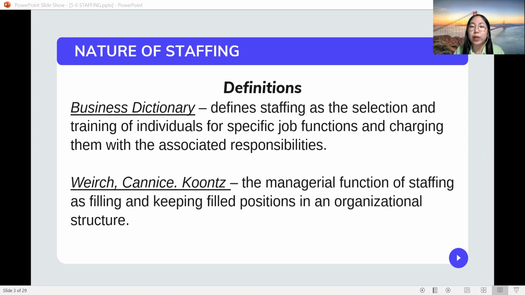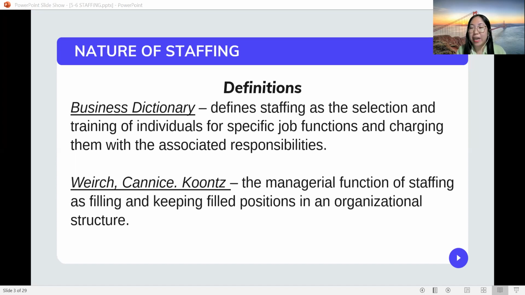It is considered to be the most important managerial function, along with the topics we have already discussed, which are organizing, leading, controlling, and planning. So the operation of these four functions depends on the manpower of our staffing.